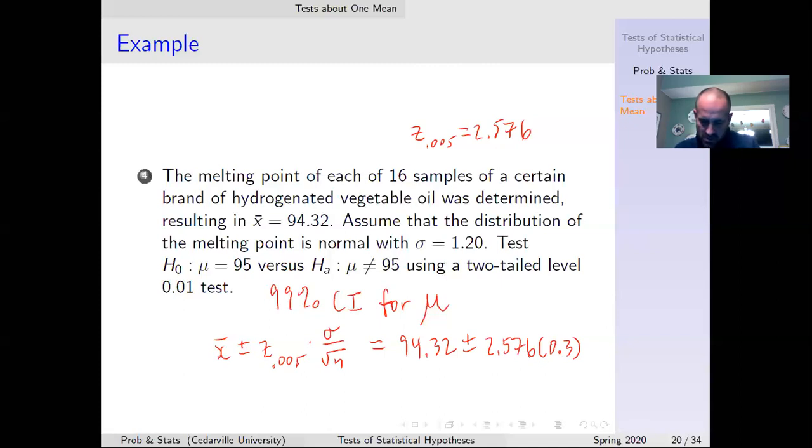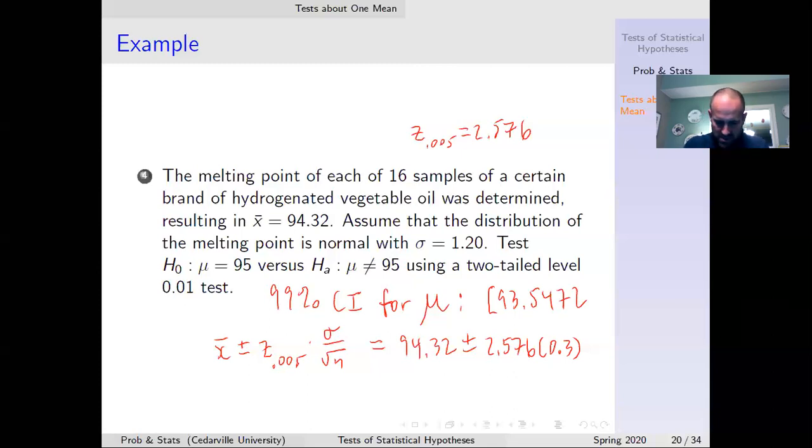So what does that end up giving us for the confidence interval? Well, it's going to be 94.32 minus that thing. Let me just do that. 94.32 minus 2.576 times 0.3 is 93.5472. 93.5472 is what I get on the one side.